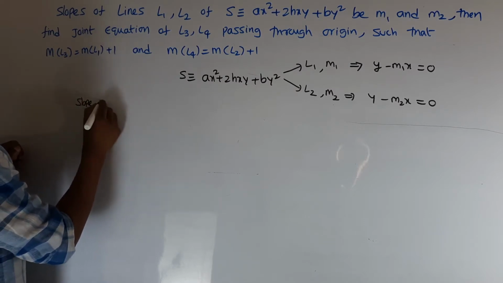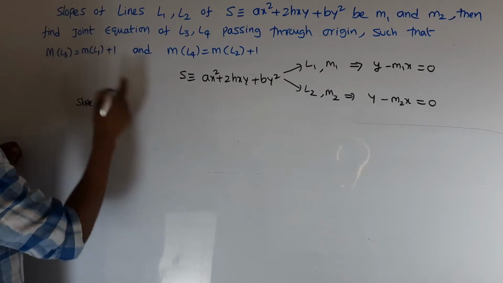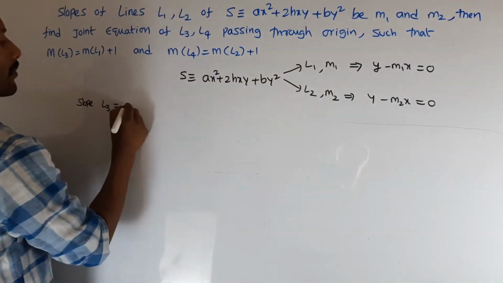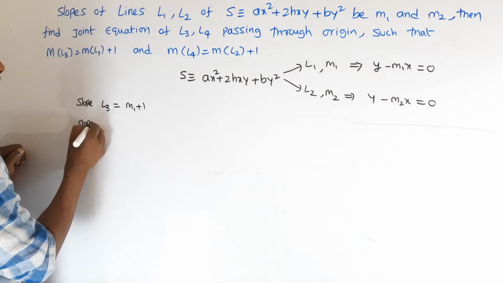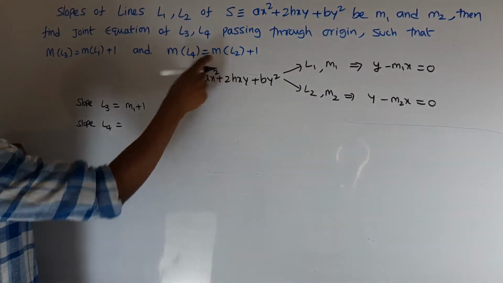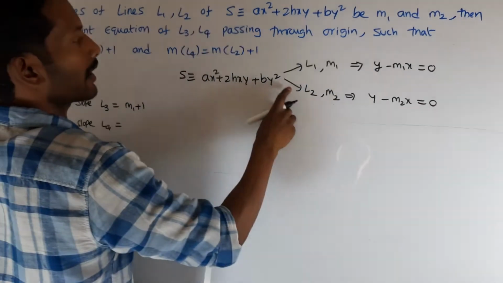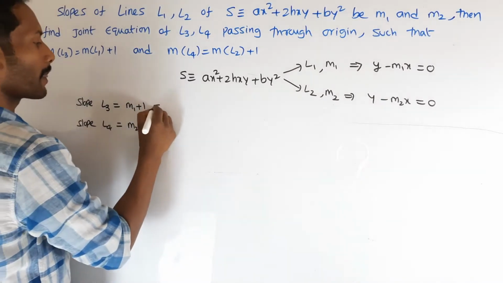Slope of line L3 equals slope of line L1 plus 1, that is m1 plus 1. Slope of line L4 equals slope of line L2 plus 1, that is m2 plus 1.